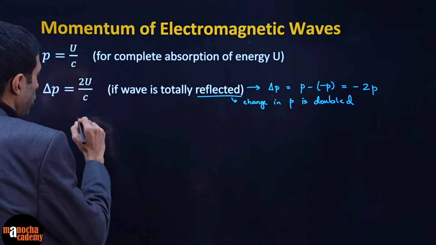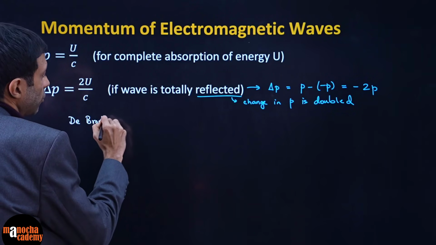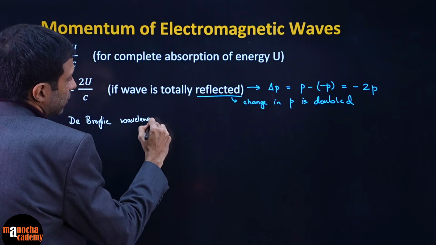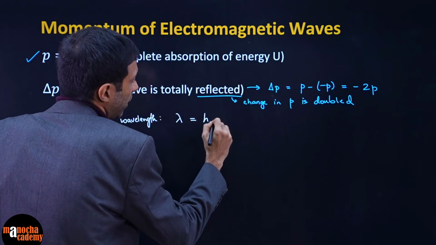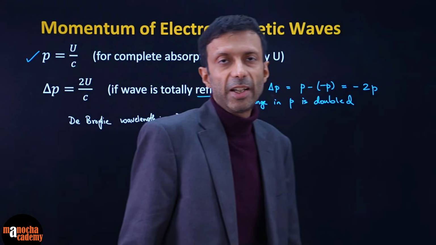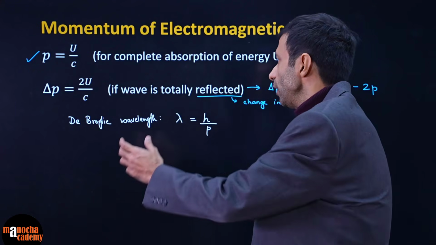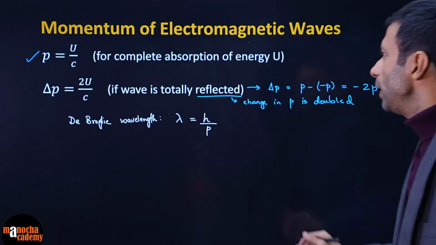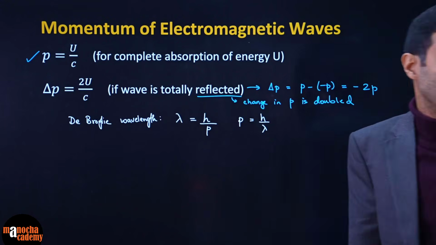According to the de Broglie wavelength, you guys remember that lambda is equal to h by p, Planck's constant divided by the momentum. Everybody write down this equation, because I am going to try to prove this one for you. It's not given in the books, but we'll try to prove it. Lambda is h by p, so p we can say is h by lambda. Yes or no? Please write this down.